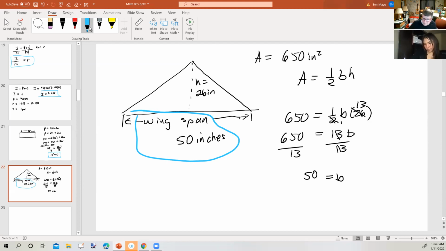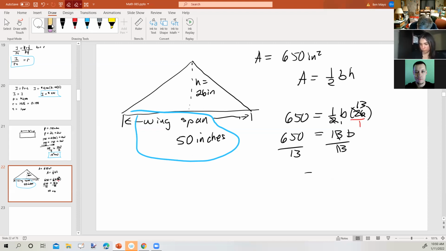Okay, any questions there? Yes, so just to be clear, with what you did to get 13 from 26, you simply had 26 on top, 1 on the bottom, and then you just simply divided by it, right? Okay, let's go back and look at that.